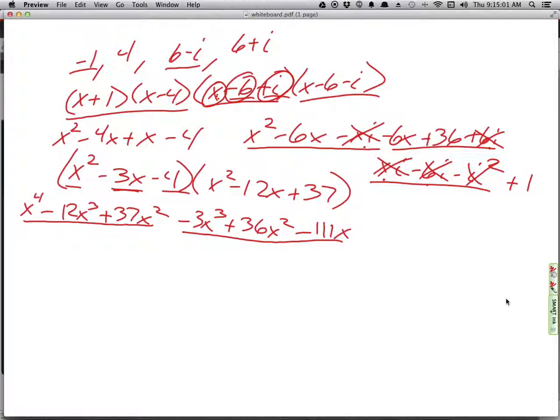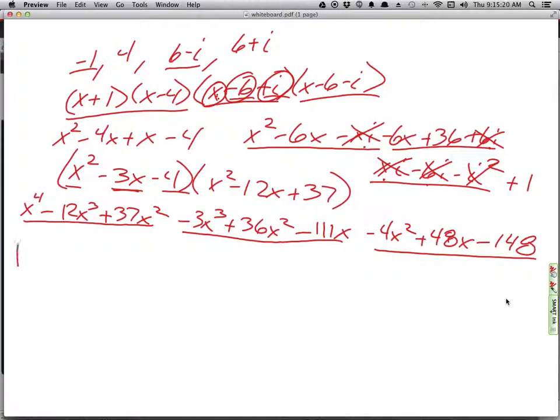And then I need the minus 4, so minus 4x squared plus 48x and minus 148.